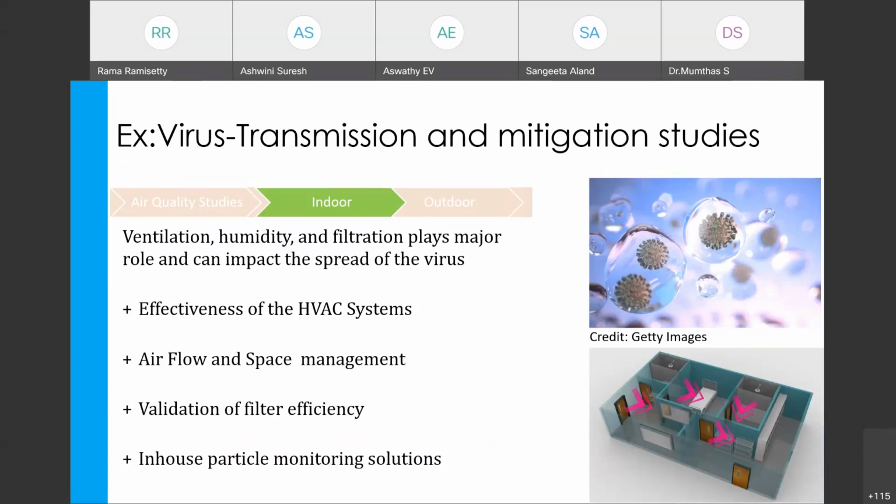They made guidelines and released documents so that we can reduce virus transmission or particulate. Whether it is a bioparticle or nanoparticle, they always create a lot of trouble for us. So we can manage particulate pollution inside the house or office by controlling these three: ventilation, humidity, and filtration.